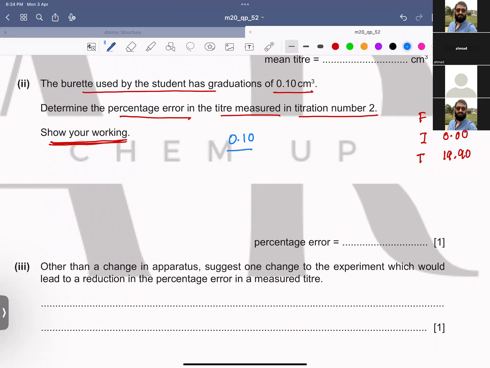I am saying that the examiner has said show your working. If you do 0.10 divided by 19.90 times 100, it will give you the correct answer, but it is marked as wrong because your working is incomplete and the examiner mentioned to show your working.